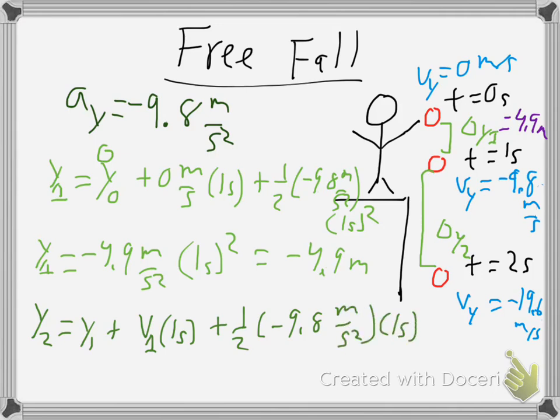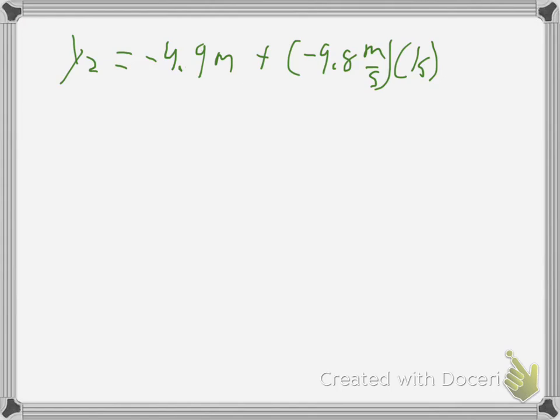And still just a 1 second interval here. Okay, so y2 is equal to minus 4.9 meters plus my velocity at y1, which is negative 9.8 meters per second, times 1 second.